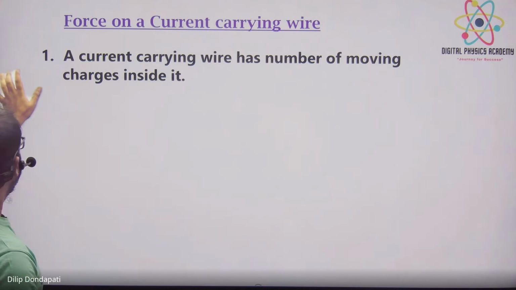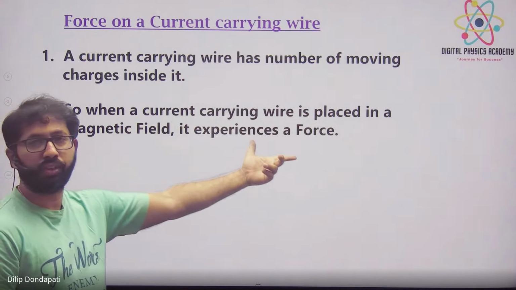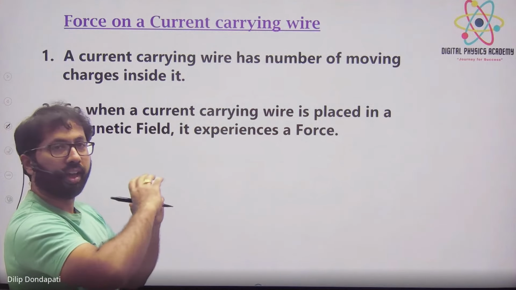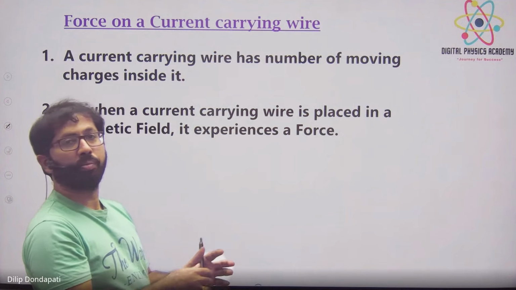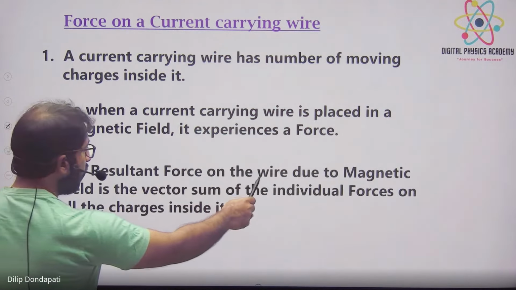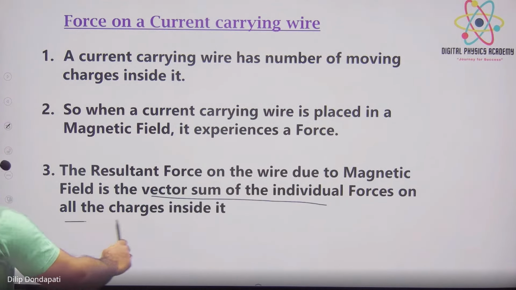That means when a current carrying wire is placed in a magnetic field, it experiences a force. The current is made up of so many charges, so the net force on all of them is the force on the current carrying wire. The resultant force on the wire due to the magnetic field is the vector sum of the individual forces on the charges inside it.